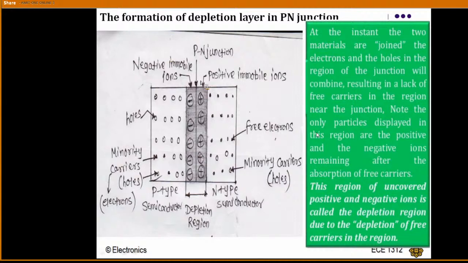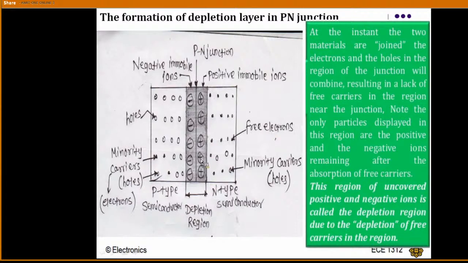The electrons near the junction and the holes near the junction form electron hole pair recombination. Whenever recombination takes place, they disappear and leave the immobile ions.